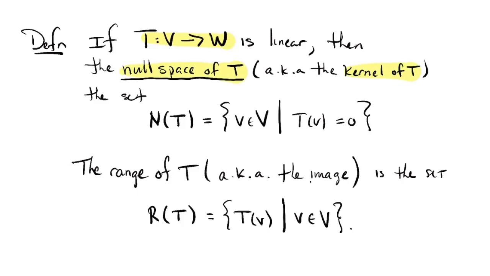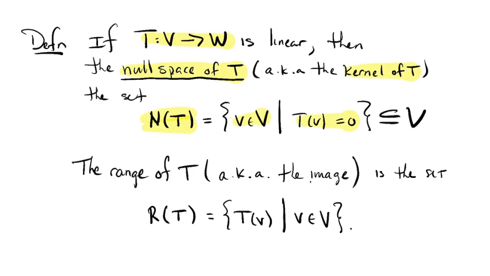And in particular, it's a set. The notation for it is N of T. I would read that N as null space, so null space of T. And it's those vectors in the domain that are mapped to the zero vector in the codomain. So I want to emphasize here in particular, the null space is a subset of the domain. It's a subset of V. It's those vectors that are mapped to zero.